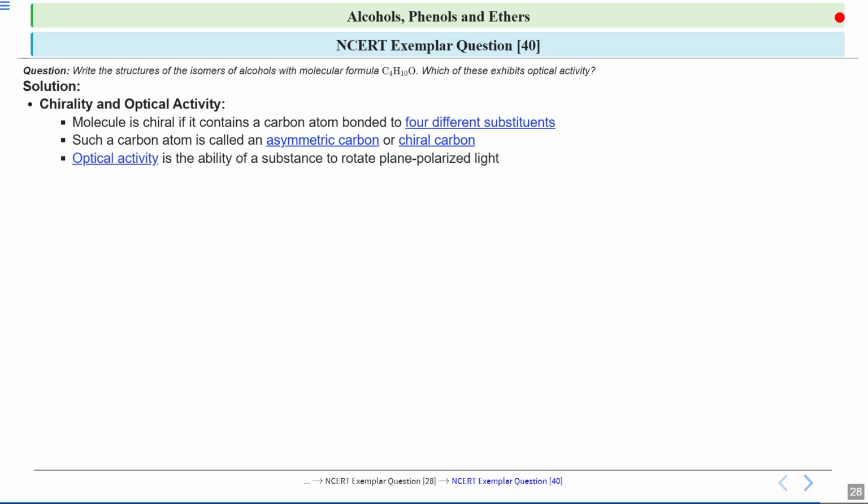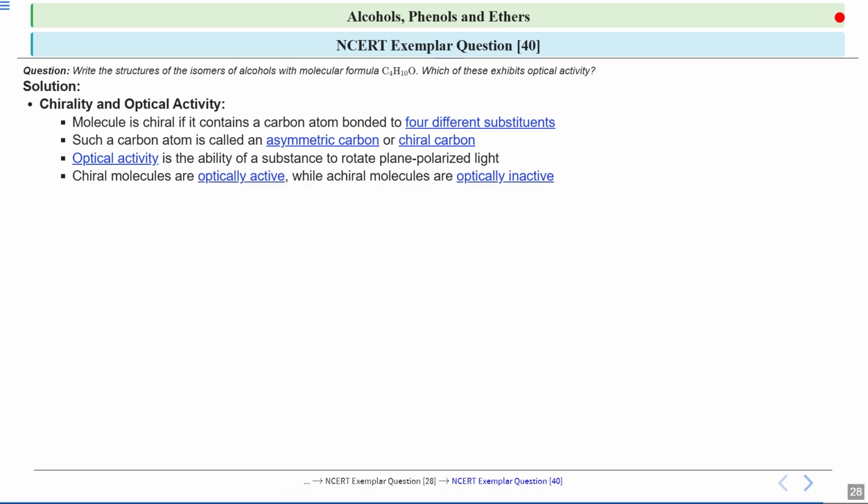Now optical activity is the ability of a substance to rotate the plane polarized light. This is the optical activity. And chiral molecules are optically active. So if a molecule has 4 different substituents, that is a chiral molecule, and that molecule is optically active.